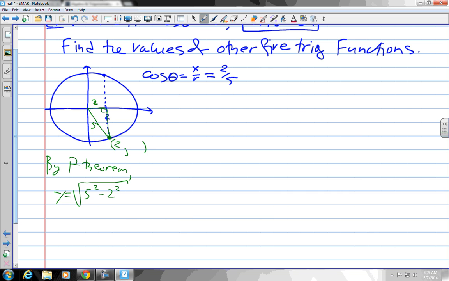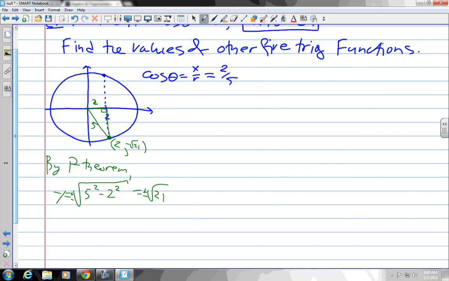So it's square root of 21. Well, plus or minus, if you solve it properly. Now, just because we're in the fourth quadrant, there's going to be positive square root of 21 or negative square root of 21. Negative square root of 21, right? The y values are negative there. So negative square root of 21.